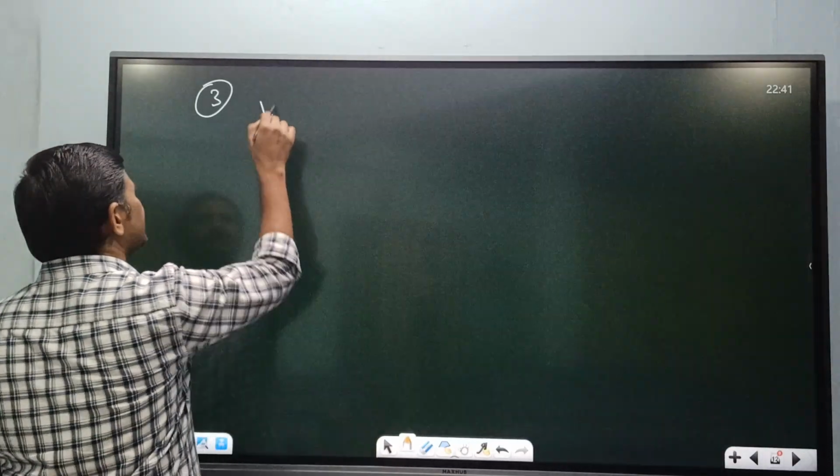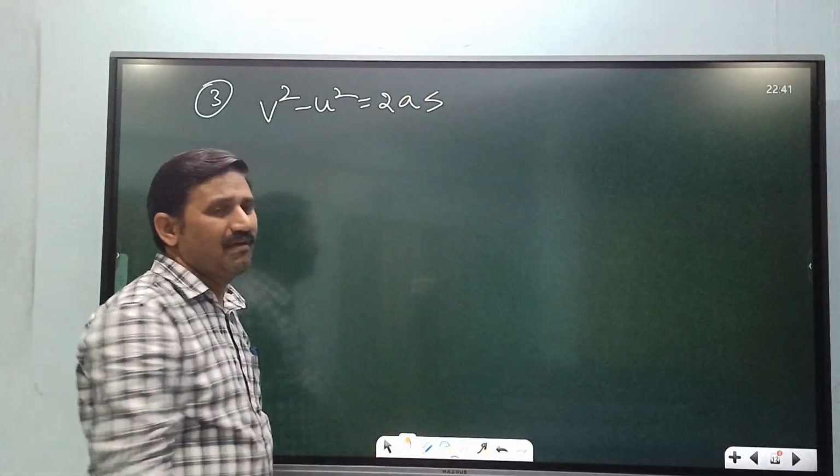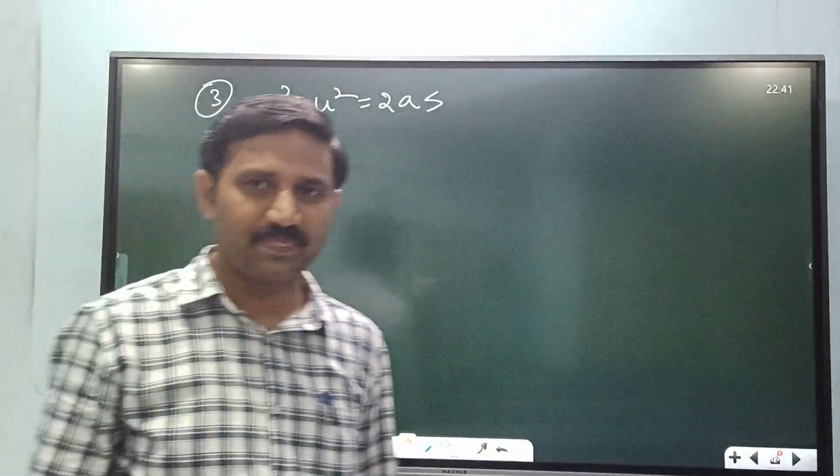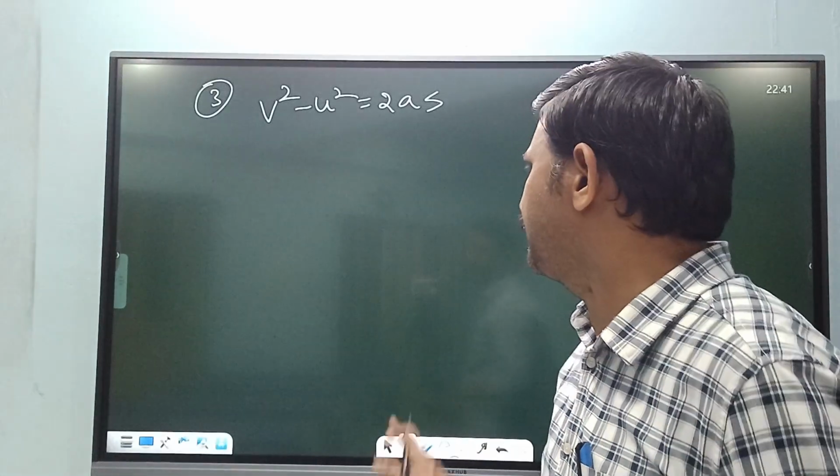V square minus U square is equal to 2AS is our third equation of motion.